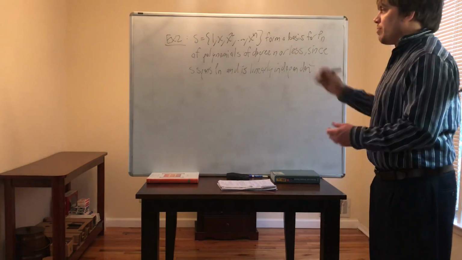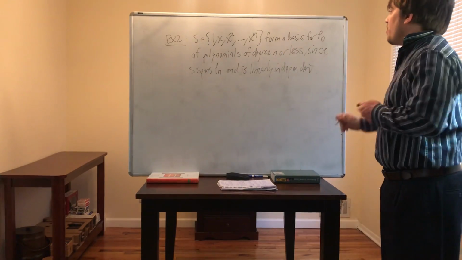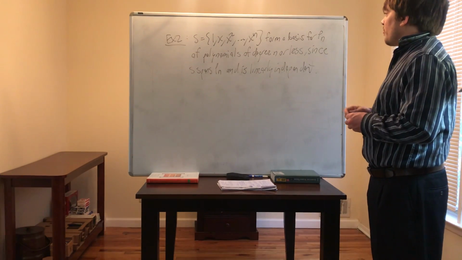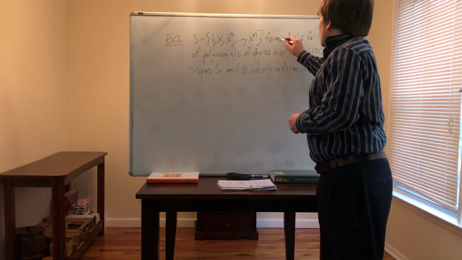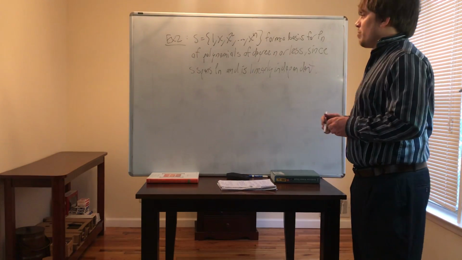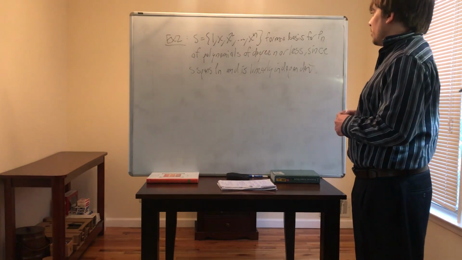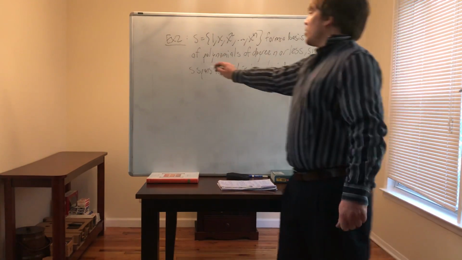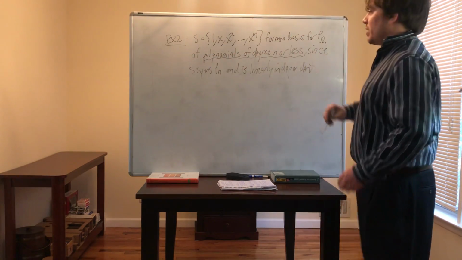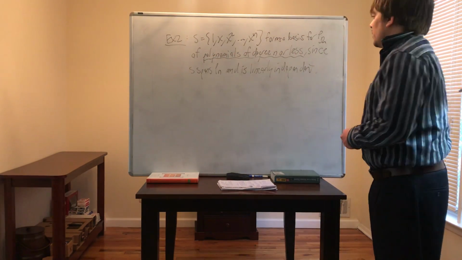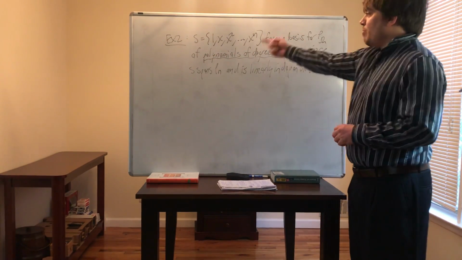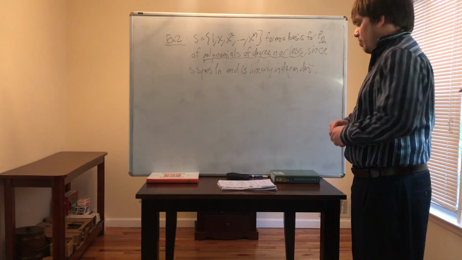So in example 2, that set S forms a basis for P sub n, the vector space of polynomials of degree n or less. That set spans P sub n and it's linearly independent.